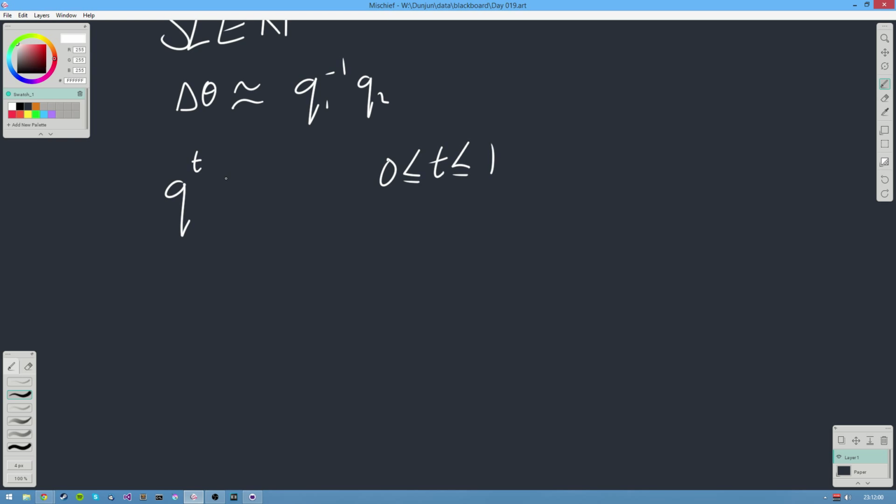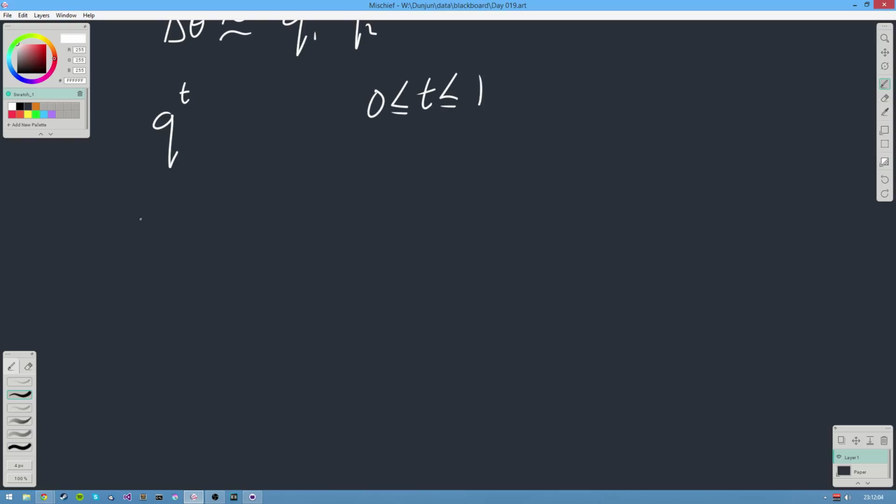The general formula for raising something to a power is that q to the t is expressed as an exponential of t times the log of q. And this begs another question: what is the log of q?